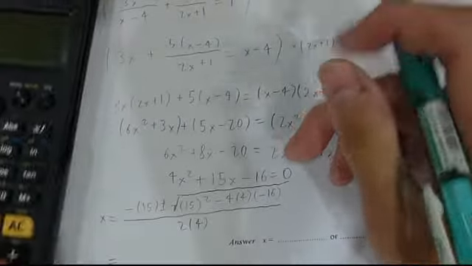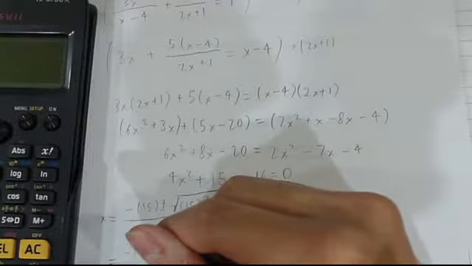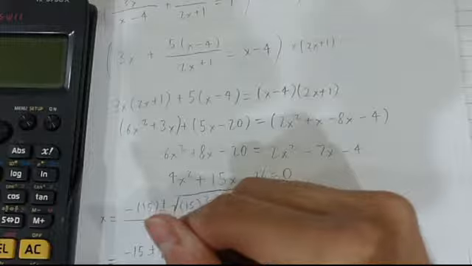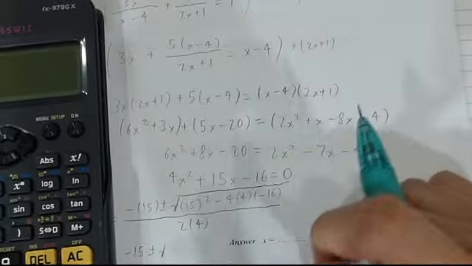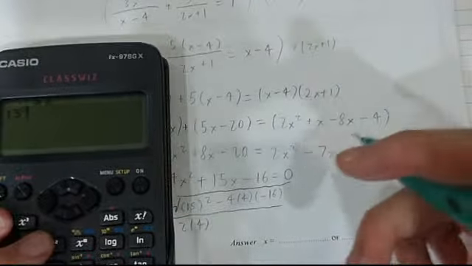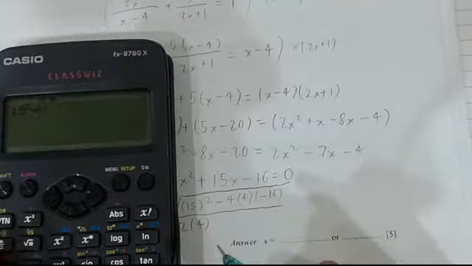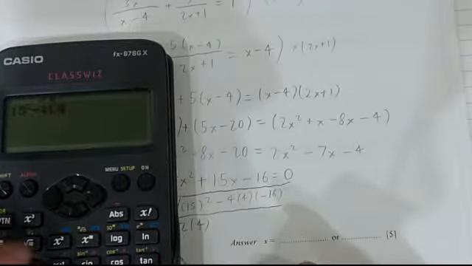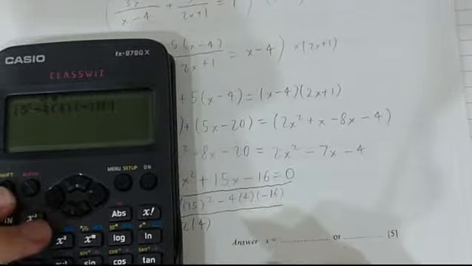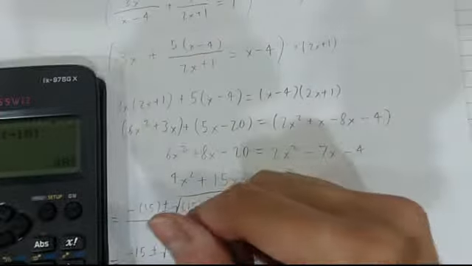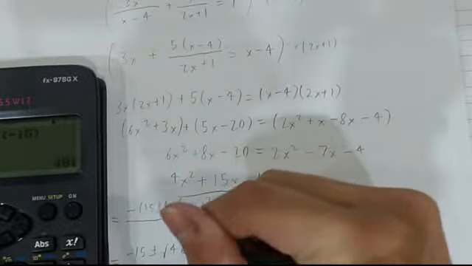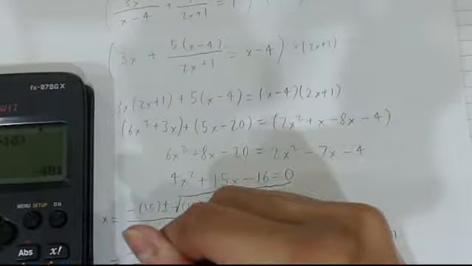So I'm just going to calculate this real quick. It's negative 15 plus or minus the square root of 15 squared minus 4 times 4 times negative 16. That's nothing but 481 over 8.